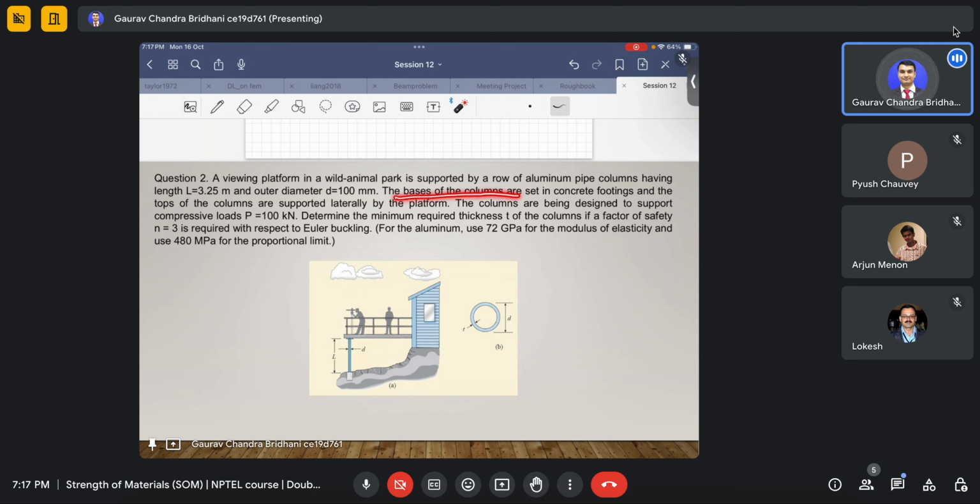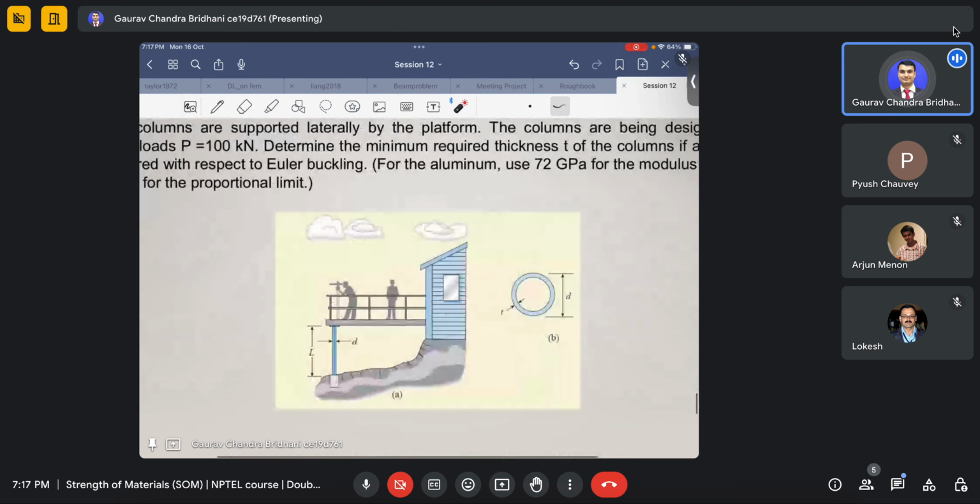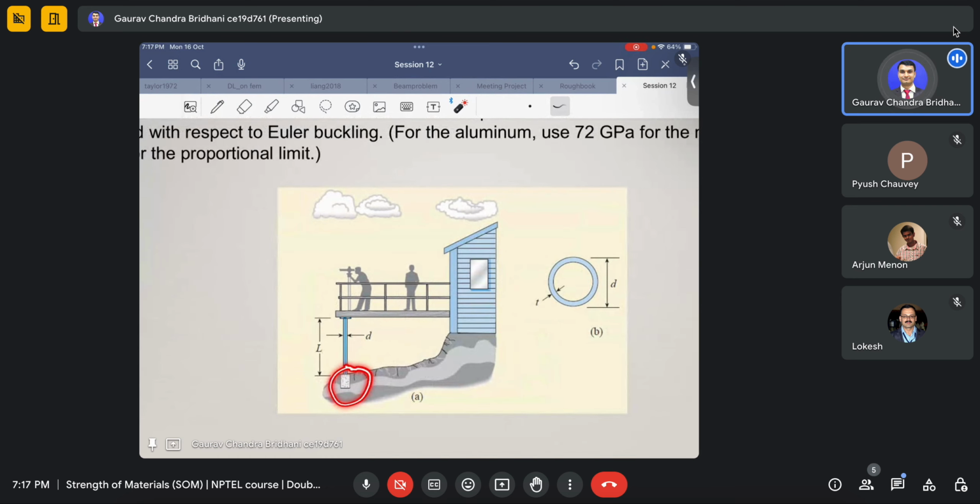The base of the columns are set in the concrete footing, and so basically the base of the column you can see here is being set in a concrete footing. So if I say there is a base of the column, or if a beam is being fixed in the wall using well packed concrete, what idea does it give about the support condition there?